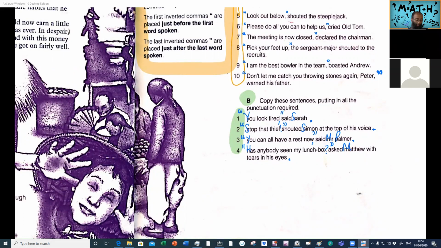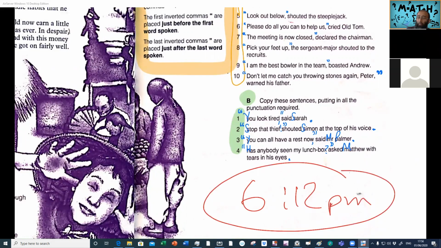So 5:56, we'll be coming back roughly about 6:12. So make sure you're there on time. So we resume our lesson. Okay, folks, I'm gonna mute myself and I'm gonna go away.